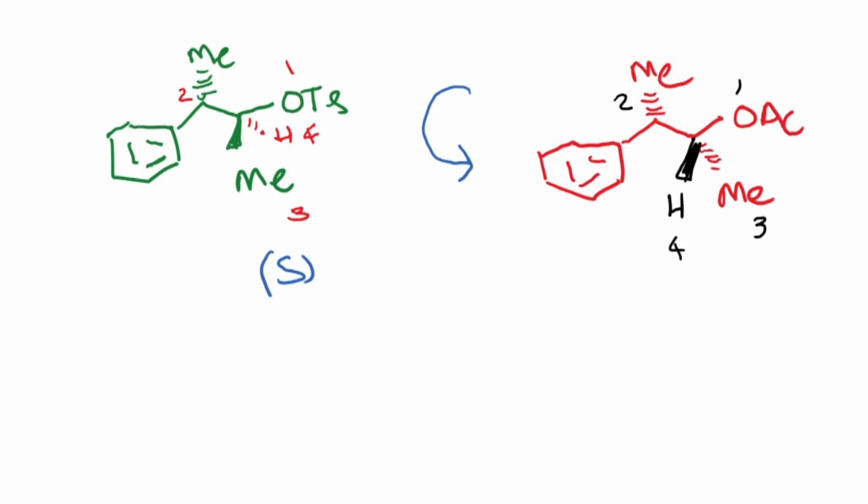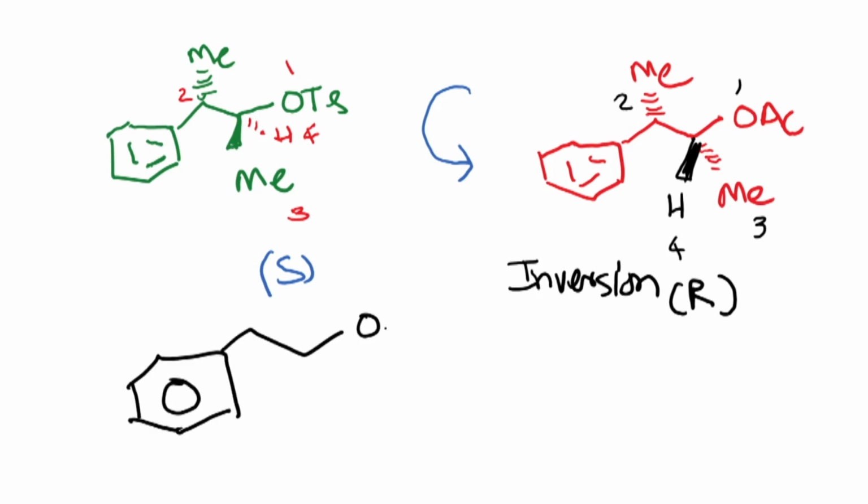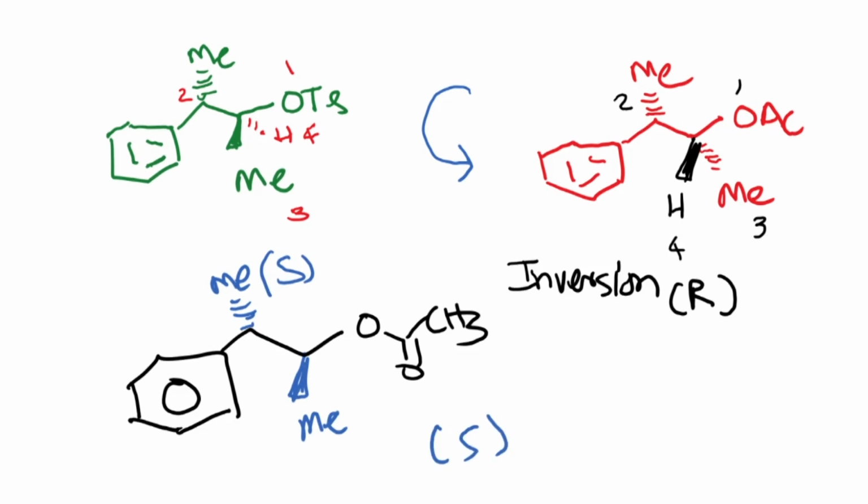So if I look at this, this is actually anti-clockwise, but the hydrogen is towards me. So therefore, it would be R. Okay, so this would be the inverted product, inversion in stereochemistry. But the actual product that is formed is this. So if I assign the stereochemistry here, I would end up getting S. Okay, so this has a retention in stereochemistry.